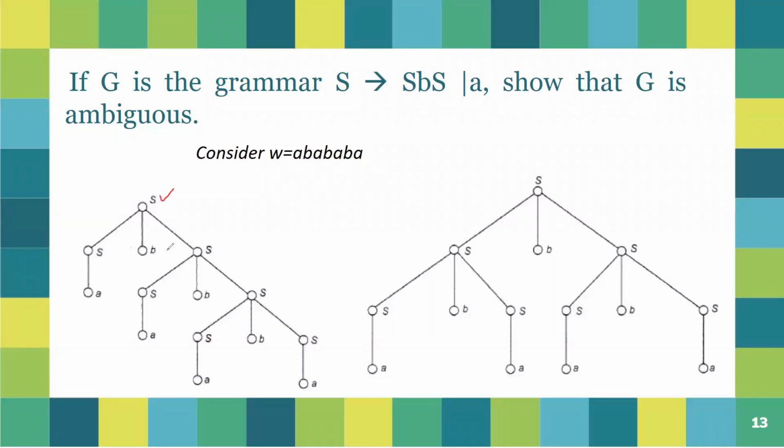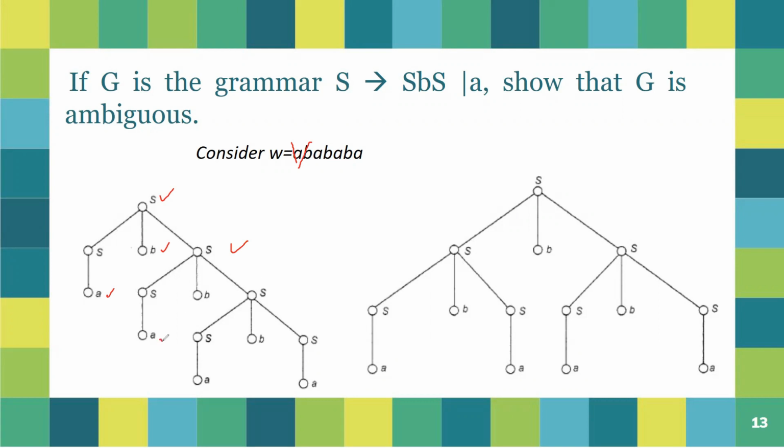S is SBS, right? Now here we require A, so S can be replaced, S can be terminated with A. So we will write A here. This is a terminal, so no problem at all. We also received this B. Now again S can be replaced with SBS.